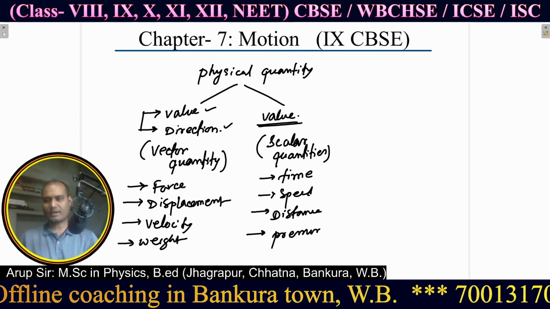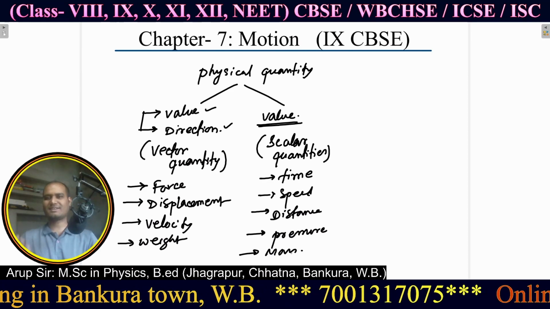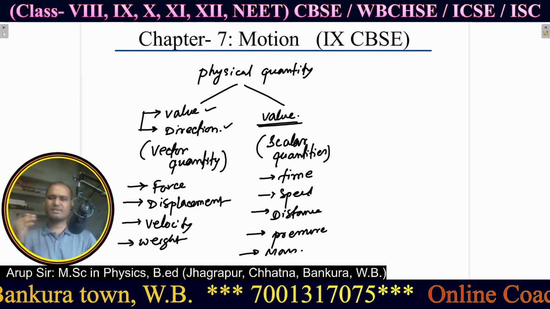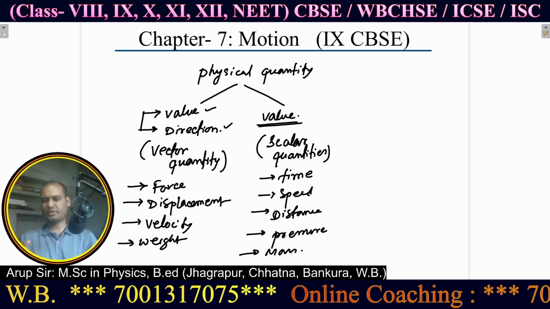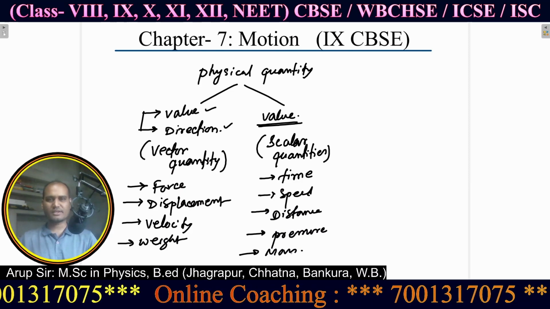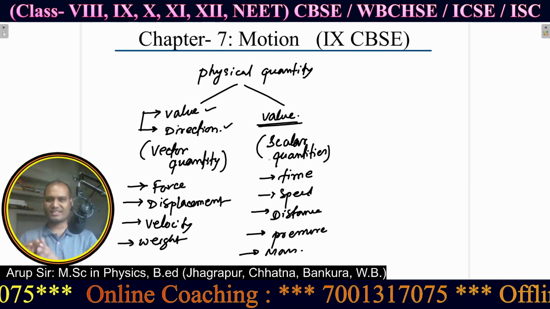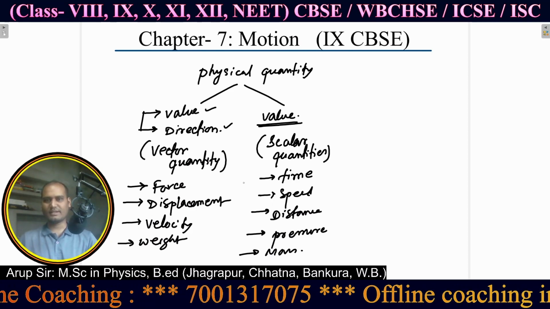Mass also, pressure, mass. So these kinds of things are examples of scalar quantities. A lot of quantities are there. Volume is also a scalar quantity. A lot of examples are there of both scalar and vector quantities. We will discuss this later.